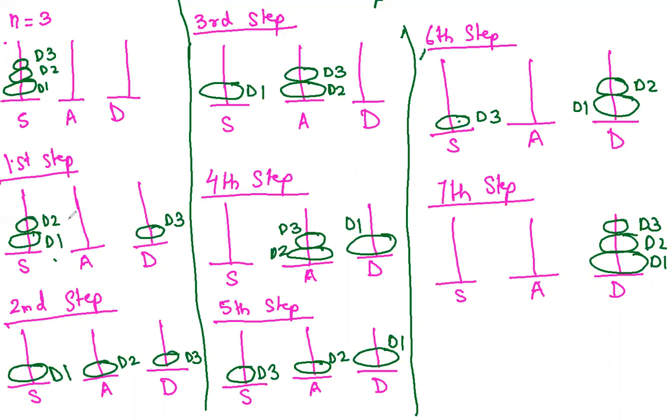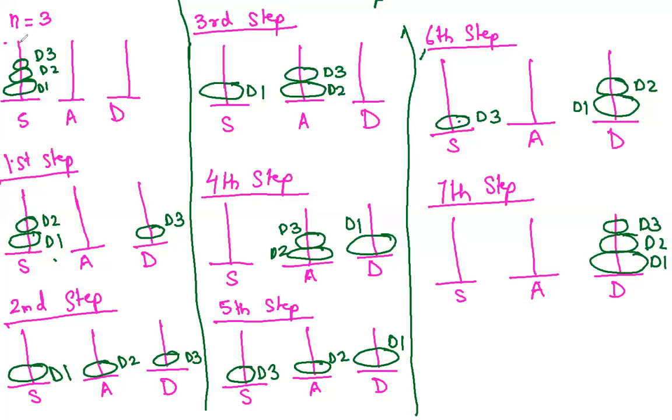If you increase the steps, there will be some redundant steps, redundant in the sense that ultimately we have to follow the next step. So why not follow the next step the first time? So our objective is to move first D1 to D, then D2 to D, and then D3 to D. So we will be moving towards that objective.